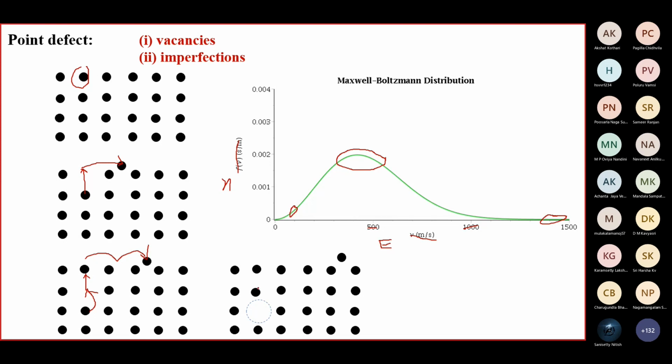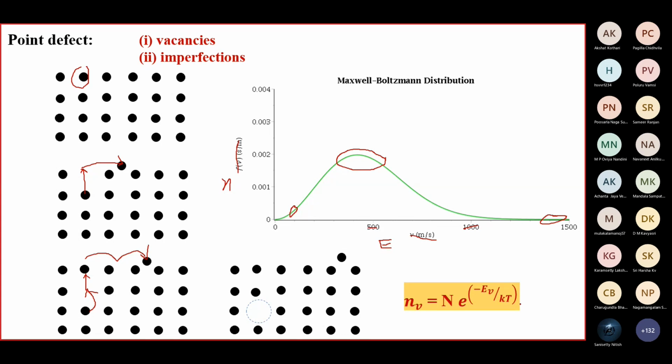The missing of one of the atoms is called a vacancy. This normally happens in crystals. However, better you fabricate them in the right condition. Because this is an internal phenomenon, you cannot control it. You can control the defects, but these vacancies you cannot control. It's difficult. So this is how the vacancy is created.